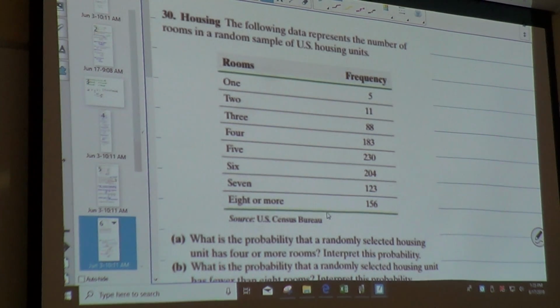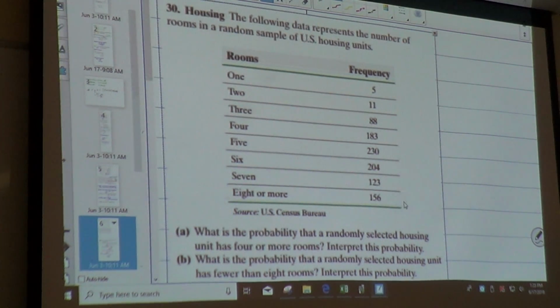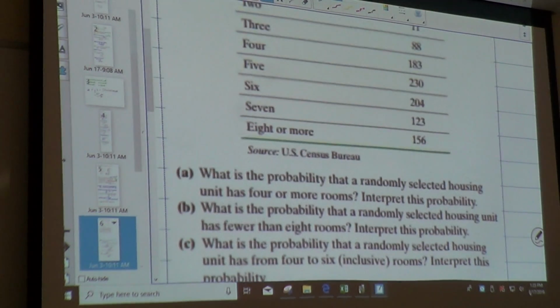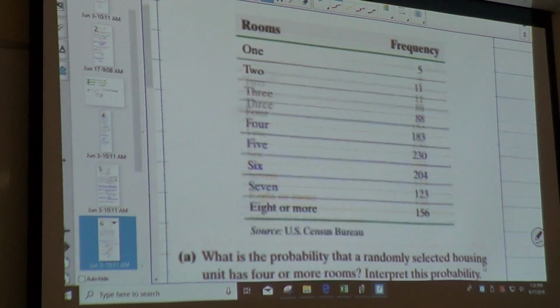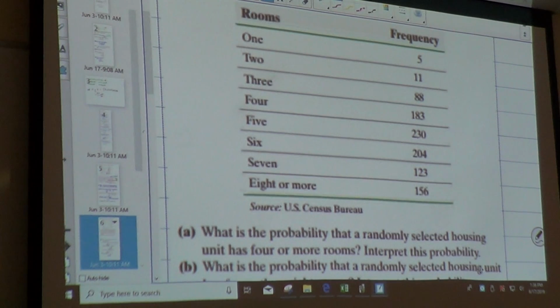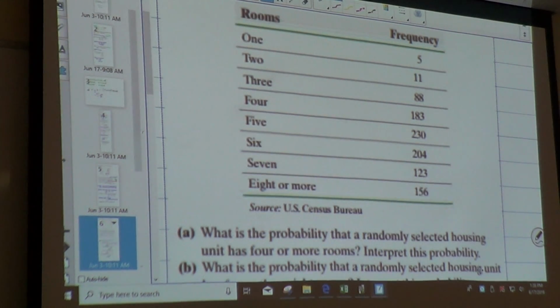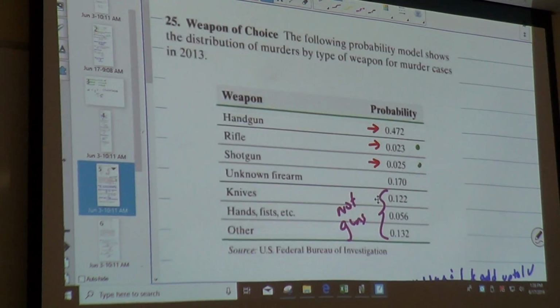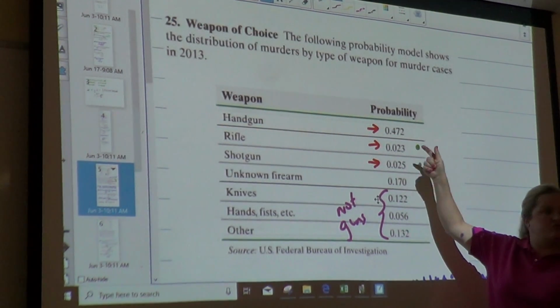All right. This shows us a random sampling of housing units and how many bedrooms they have. What is the probability that a randomly selected housing unit has 4 or more bedrooms? Now, notice on the last problem, and this is the same thing that got y'all on the test, we're talking about probability, so we straight up use that number.